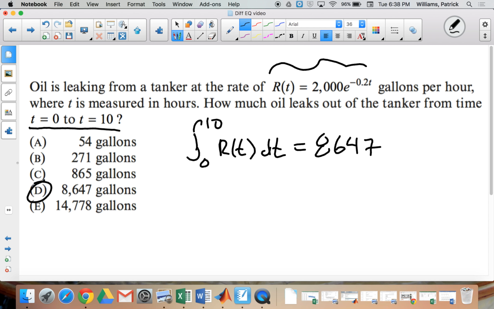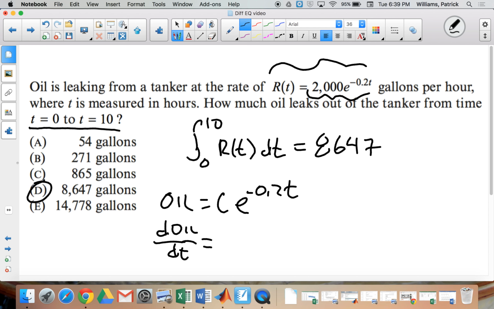Okay, so if you gave this a shot, what we're seeing right here is our rate of change. Let's pretend our function, let's call it oil. If oil was equal to c e to the negative 0.2t, well then if we took the derivative of oil, d oil/dt, this would be negative 0.2 times c times e to the negative 0.2t.